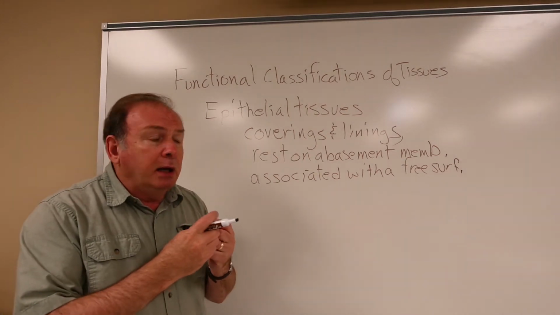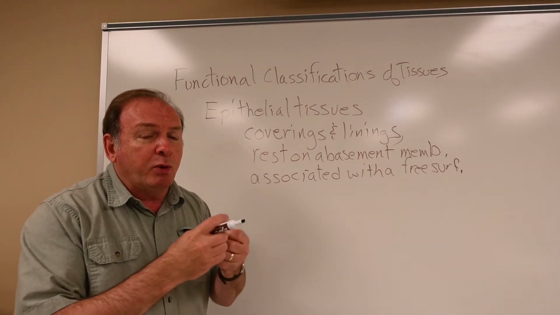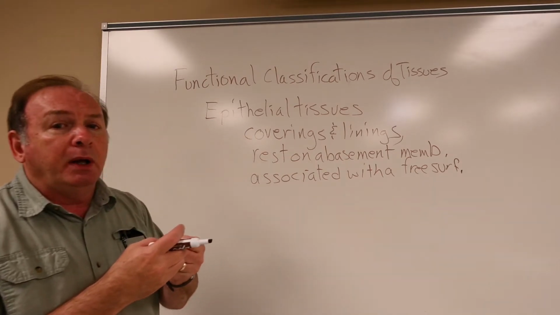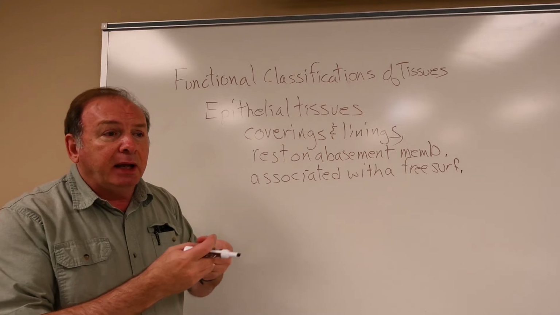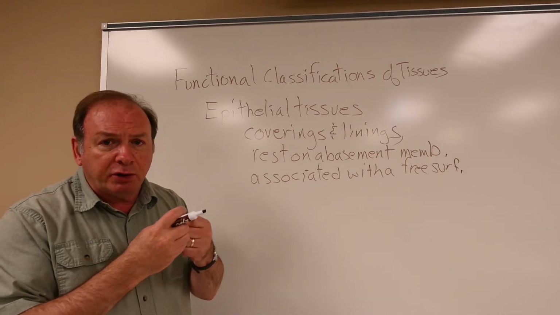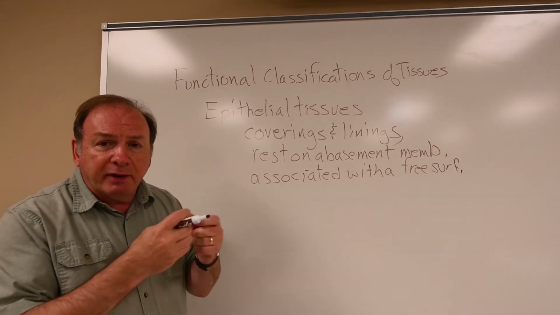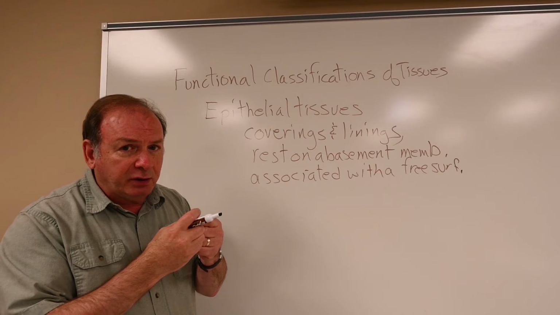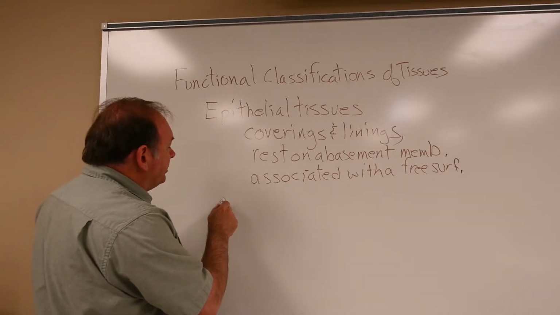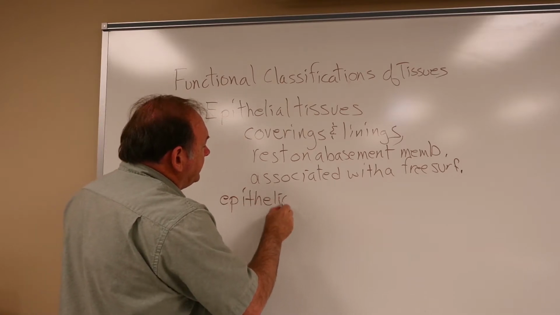Occasionally, a tissue that begins to form as an epithelial layer as part of one of these coverings or linings will migrate away from the surface and embed itself deeper in the tissues where it's no longer associated with a free surface. And it's no longer part of a covering or lining, so it's a dissociated type of epithelium. In that case, we call them epithelioid tissues.